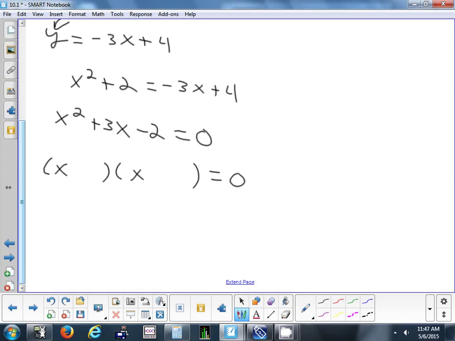Well, you need one term to be positive and you need one to be negative. So the only choices you have are 1 and 2. No matter how you try that, it's not going to work out. Okay, you can't factor it. So this would be something you'd use quadratic formula on. Okay, A is 1, B is 3, C is negative 2.